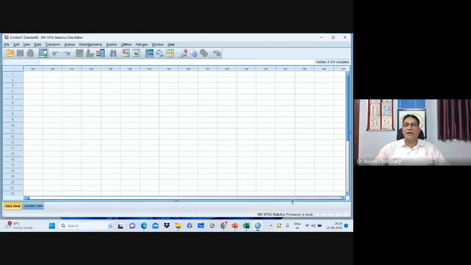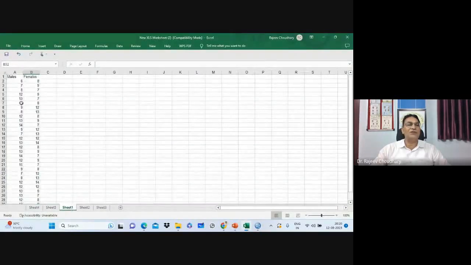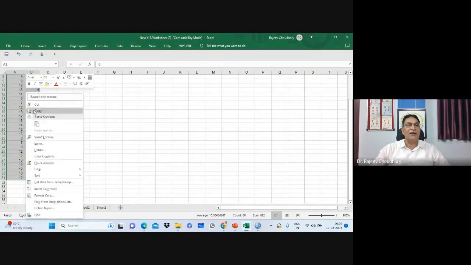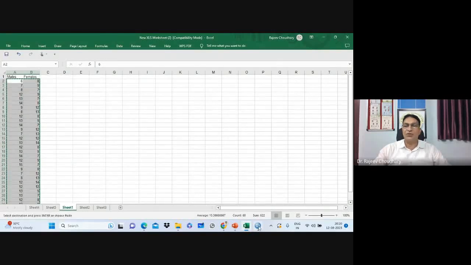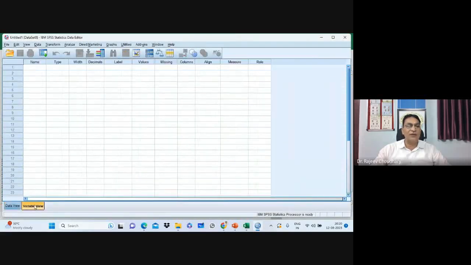I am copying all these 60 scores. I copied these scores and I pasted in this data view. In SPSS, there are two views, data view and variable view.